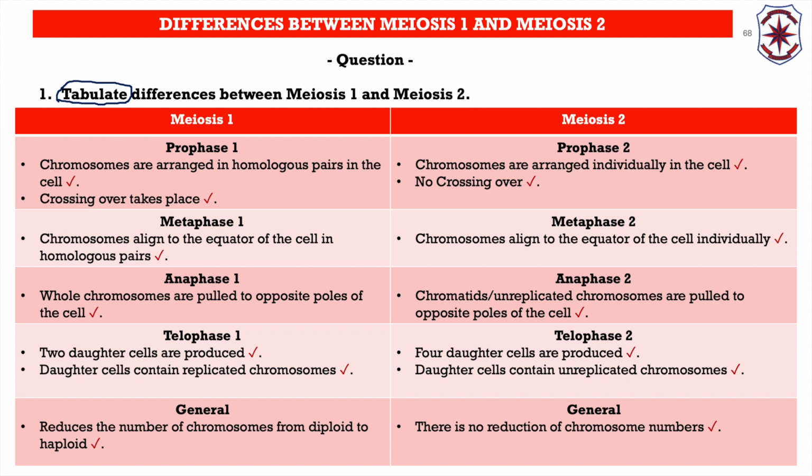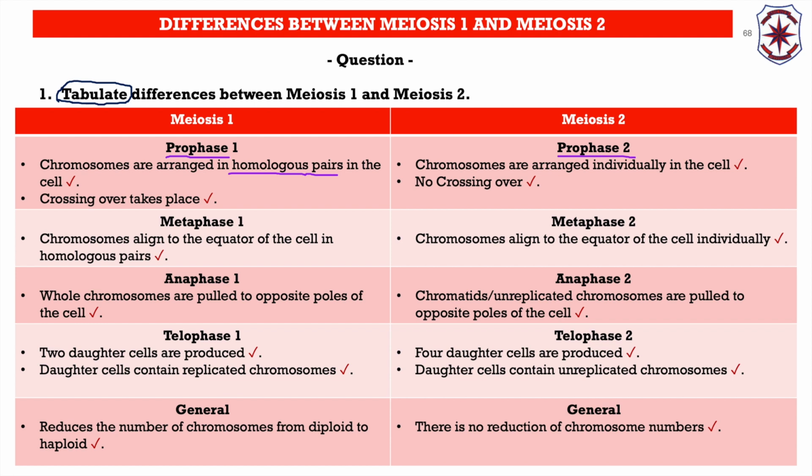So, let's look at during prophase. Prophase 1, how does it differ from prophase 2? Chromosomes are arranged in homologous pairs in the cell during prophase 1, 1 mark.